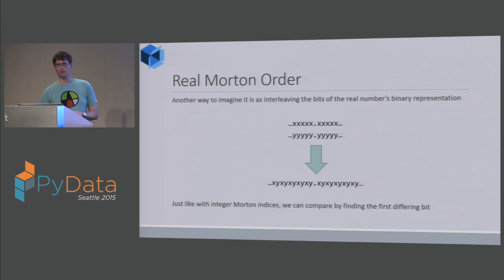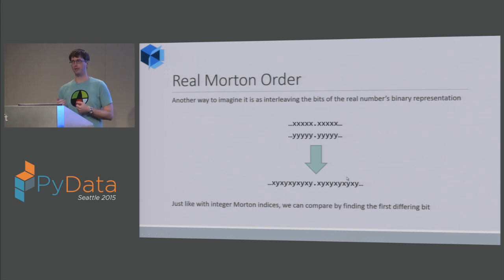So I'll take this from another angle. Let's define real Morton order. We go the other way, with all real numbers. Can we order them in this Morton fashion? Yes, we can. Any real number you can represent as basically an infinite sequence of bits, and you just interleave them.